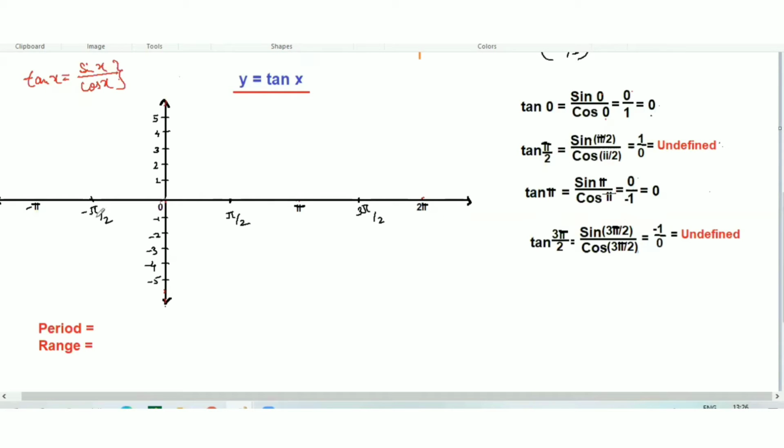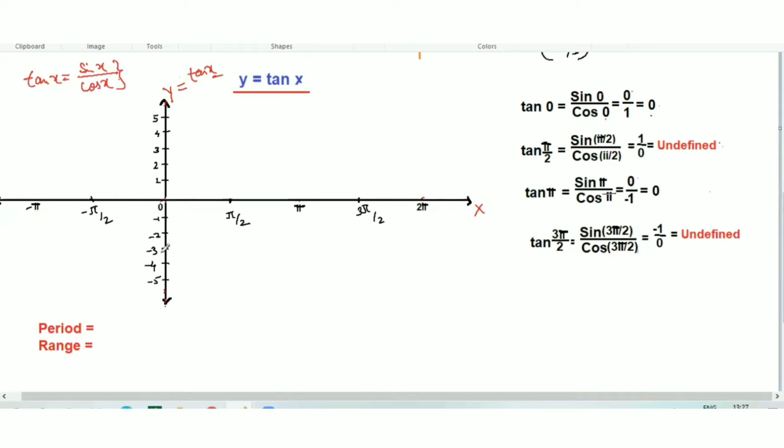So I have taken here the degrees and the radians. As y equal to tan x, the horizontal line represents x and the vertical line is tan of x. Same thing, we will find out what the period of the graph is here.